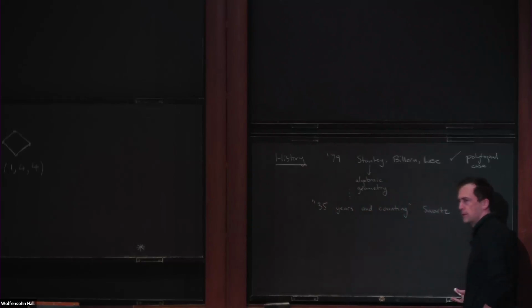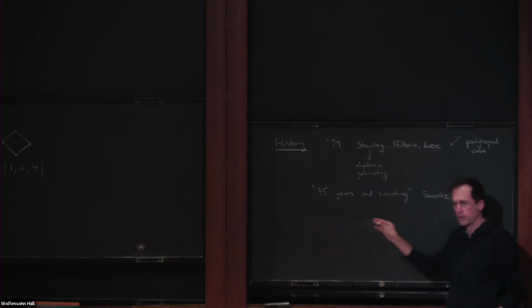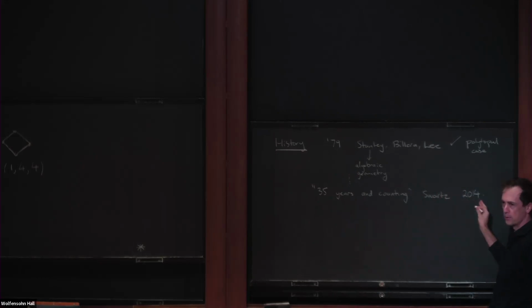And as an exercise, you can check, this was written in 2014. There's a theorem that says that if you take the number 1979 and you add 35 to it, you'll get the number 2014. Okay.